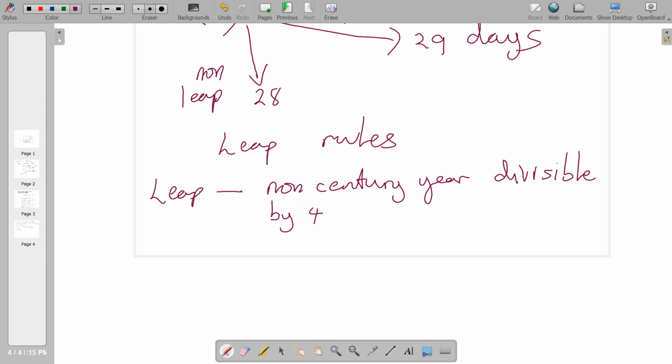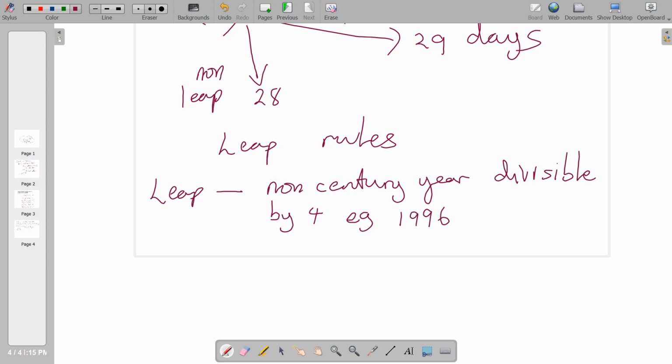That means, for example, 1996 was a leap year. I believe 1996 is divisible by 4 without leaving a remainder. Yes, 4 years before 2000.